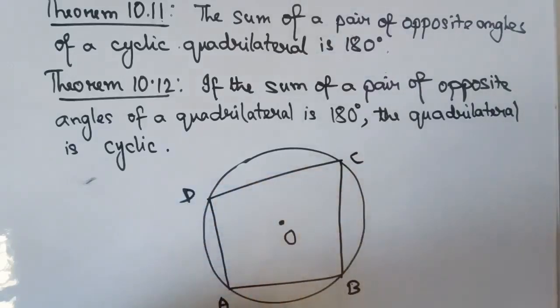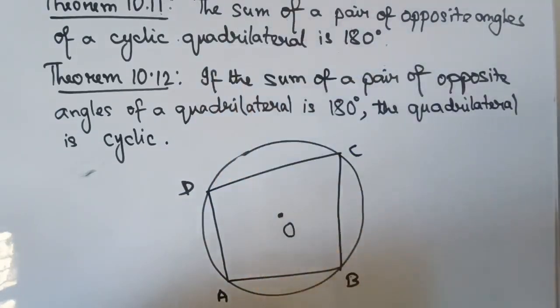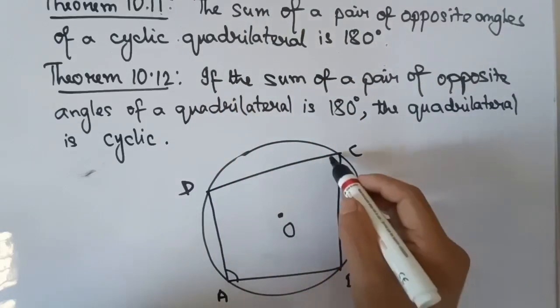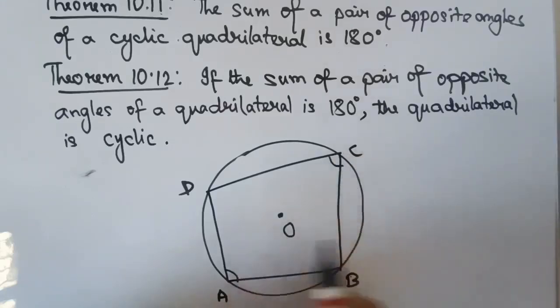So here the quadrilateral ABCD is a cyclic quadrilateral. So the theorem says the sum of a pair of opposite angles of a cyclic quadrilateral is 180 degrees.